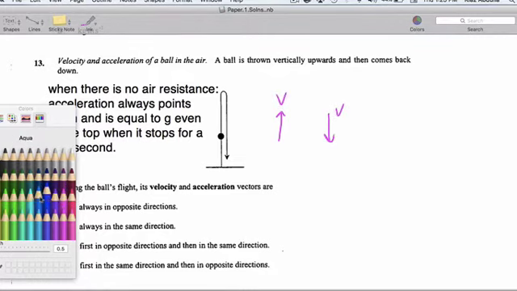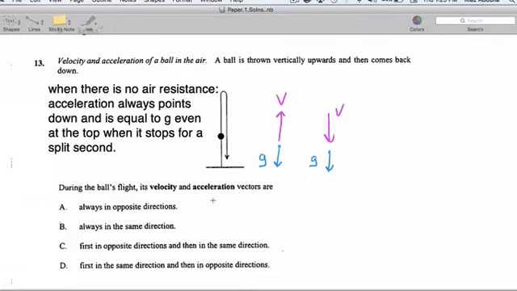But let's be clear, in both situations, going up or down, the acceleration vector is g, and it always points straight down. So at first, as it's going up, it's first in the opposite direction, and then it goes in the same direction. So the answer to 13 is C.